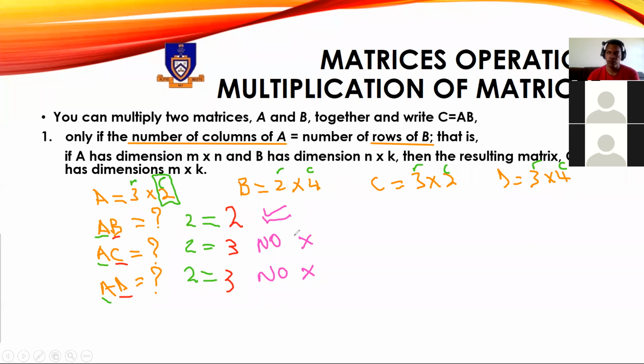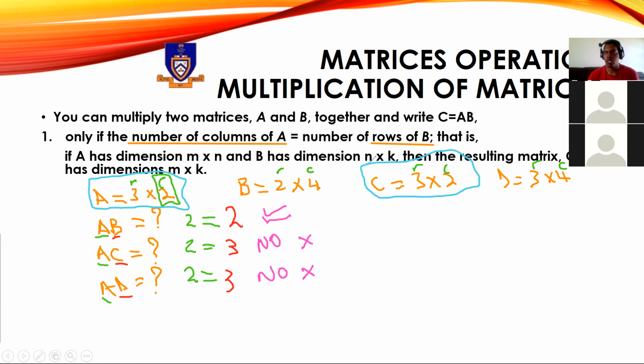Now this rule is different, I say again, from addition and subtraction. If we look at addition and subtraction, matrix A, which is a 3 by 2, and matrix C, which is also a 3 by 2, we can add them together because their dimensions are the same.